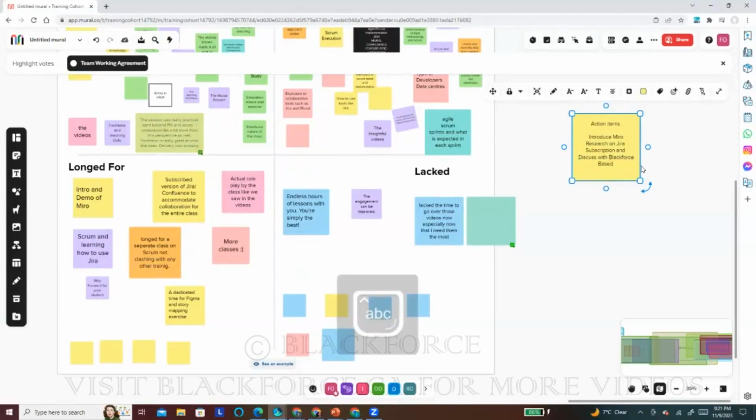So I will say based on the research. What I'm saying is that there's a dependency, right? Based on the research, consider role play for a Scrum team. Okay.